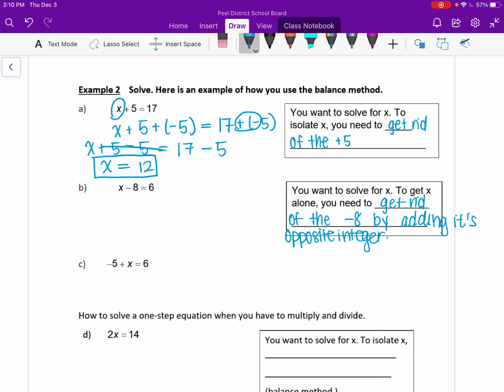Okay, so then you have x minus 8. The opposite of minus 8 is plus 8. Whatever you do to the left side, you have to do to the right side. So you add plus 8 there. Minus 8 plus 8 cancel each other out. So you'll have x is equal to 6 plus 8, which means x is equal to 14.